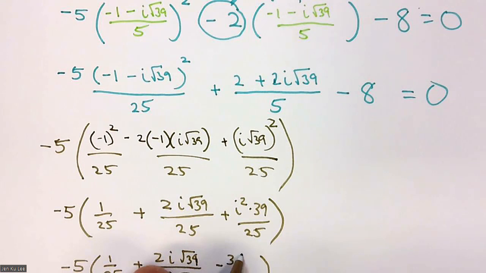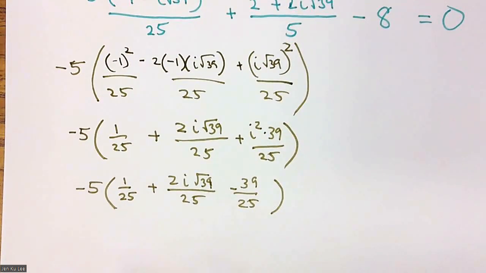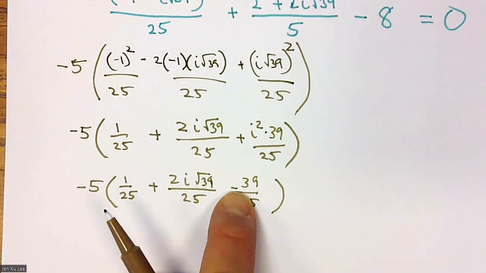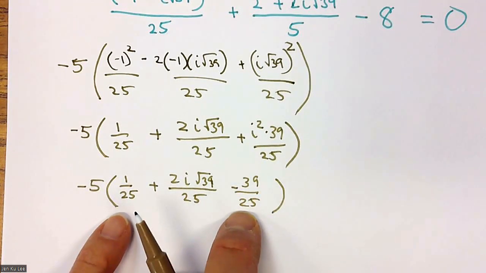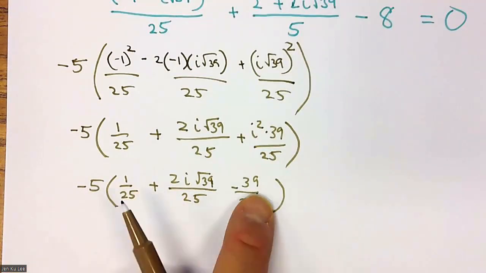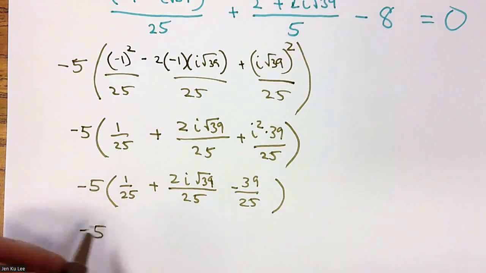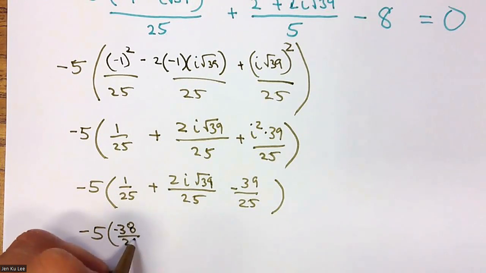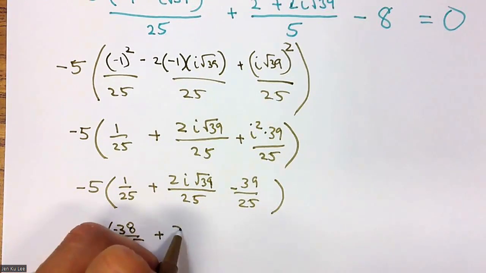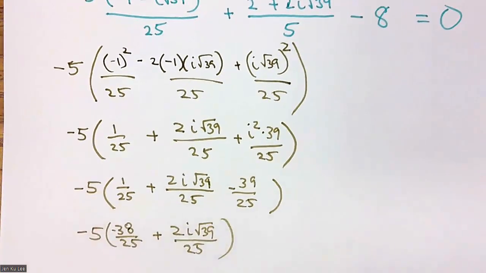So that's negative 39 over 25. So what's 1 minus 39? That'll be negative 38 over 25 plus 2i square root of 39 over 25, correct?